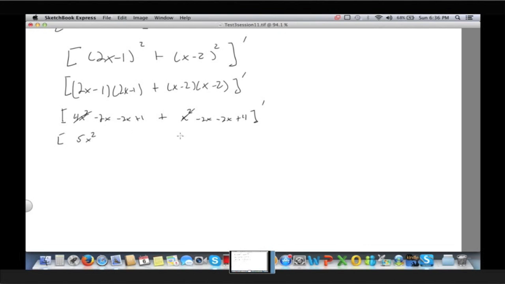Negative 2x. Yeah, negative 2x minus negative 2x. 4x plus 1 plus negative 4x plus 4. Negative 4x plus negative 4x. 8x.